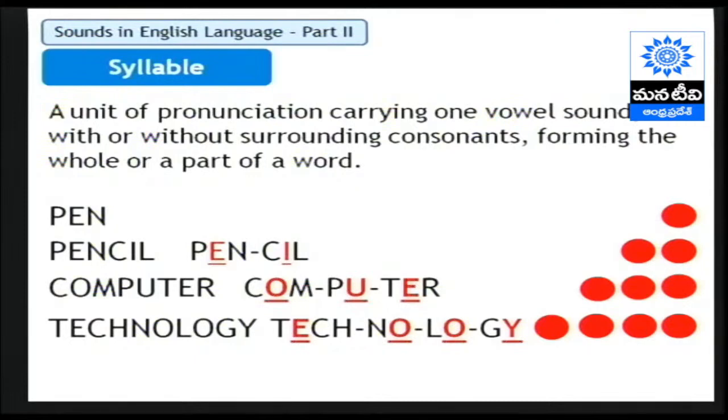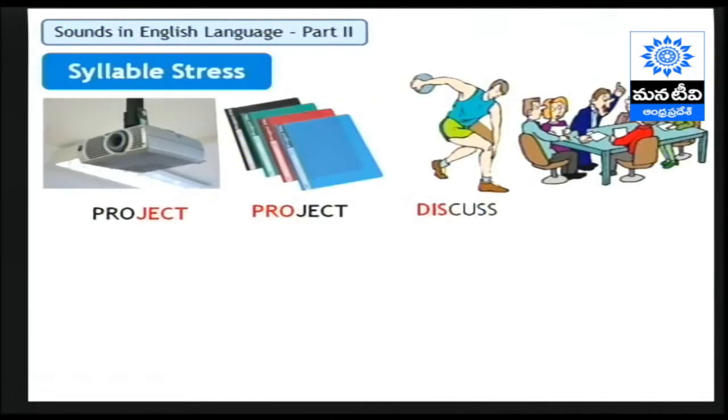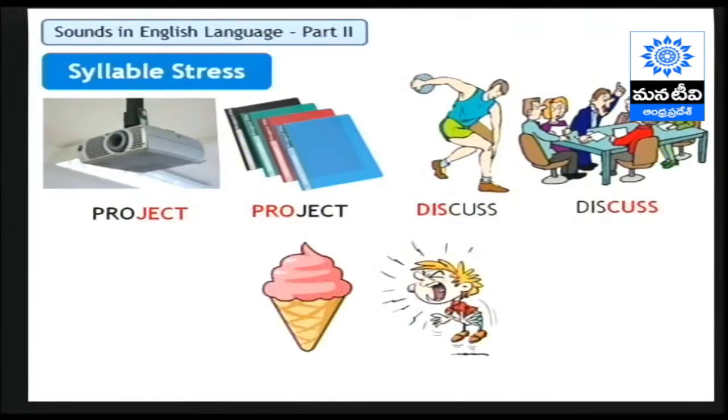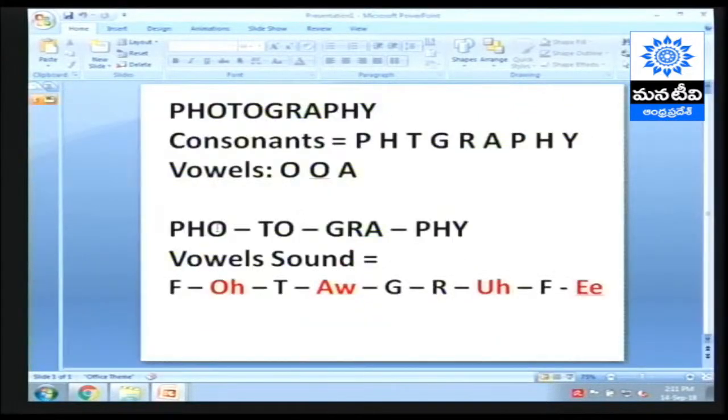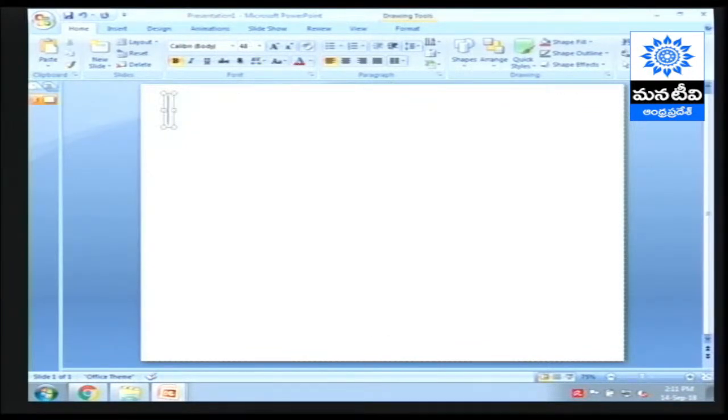Okay. The point that I was making in the last session was that there are certain words which have pretty much the same pronunciation. Some words may have the same spelling, but need to be pronounced differently, and that denotes a difference in terms of parts of speech and in terms of context. Let me give you an example that will help you understand. We have a word which is project.